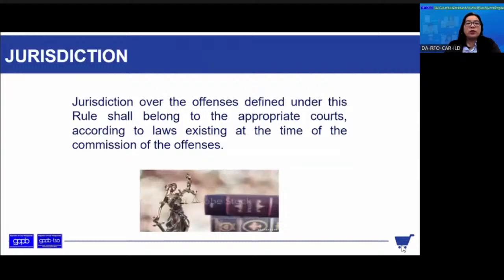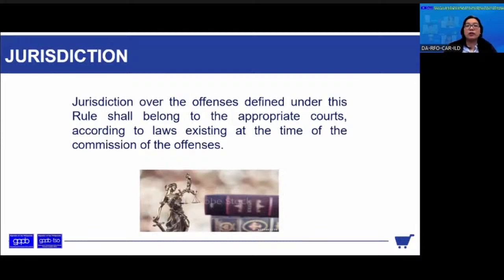Okay? So who has jurisdiction over the offenses that are defined under the rules? It shall belong to the appropriate courts, in accordance with the laws at the time of the commission of the offenses. So there are offenses kasi that are defined in terms of jurisdiction, or where they should be filed, in these specific courts, or in the appropriate courts as defined by those laws at the time of the commission of the offenses.